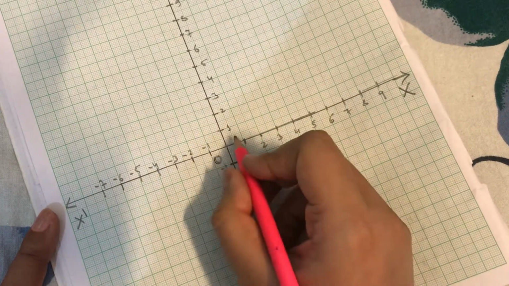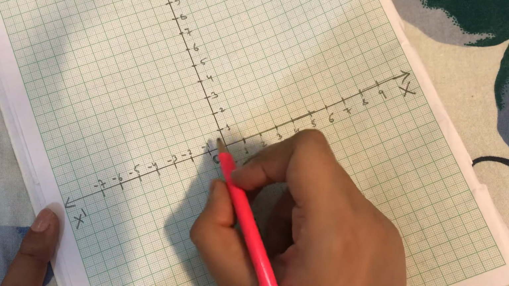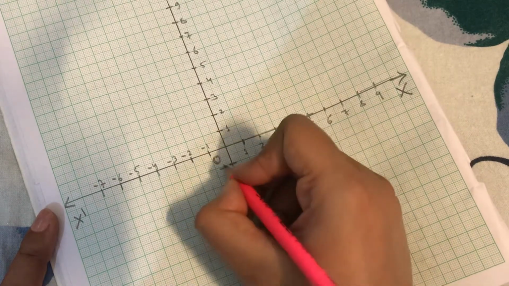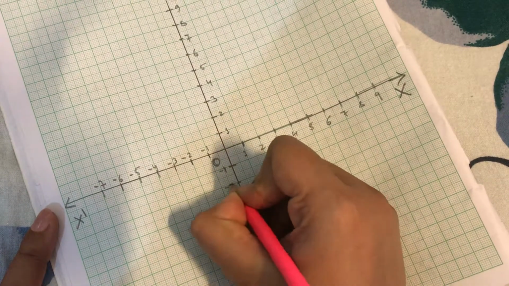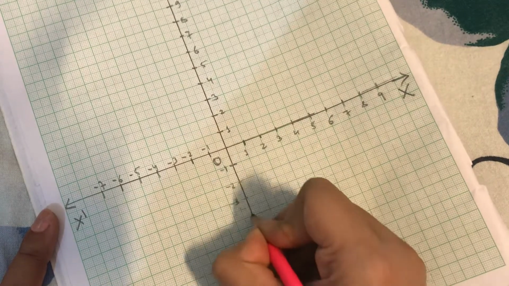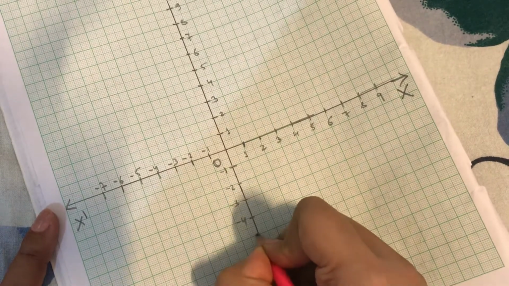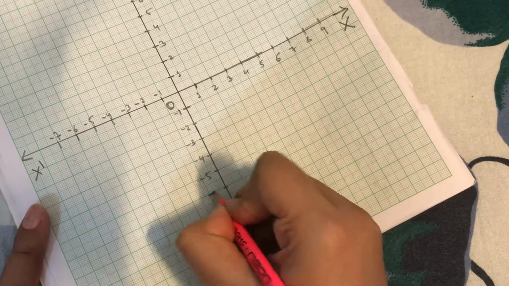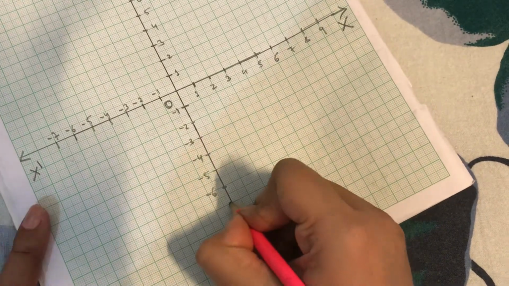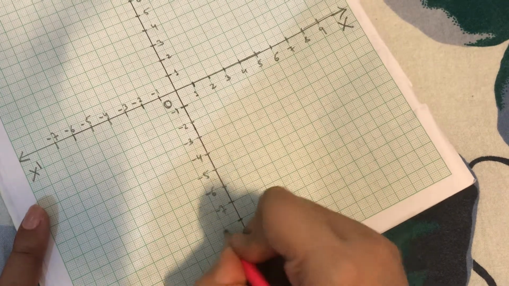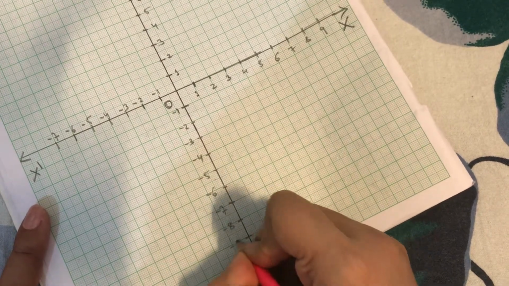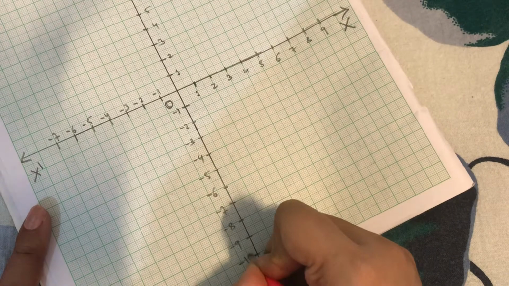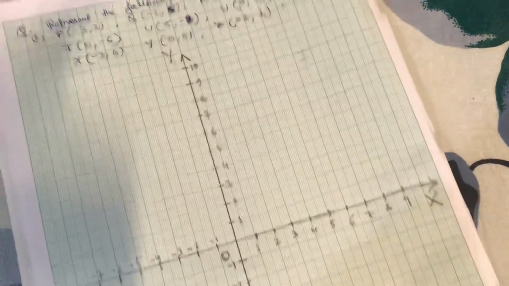As you can see that always we are starting with 1 or either -1. So -1, -2, -3, -4, -5, -6, -7, -8, -9, -10. So I did it like that.